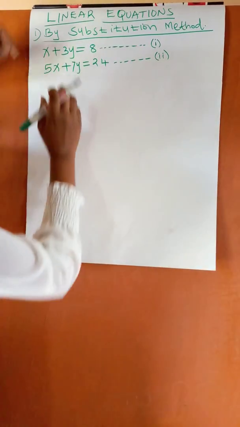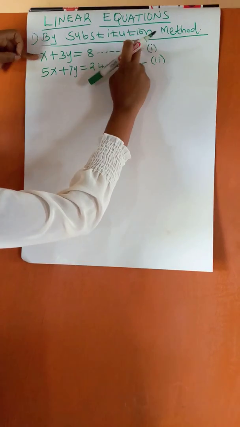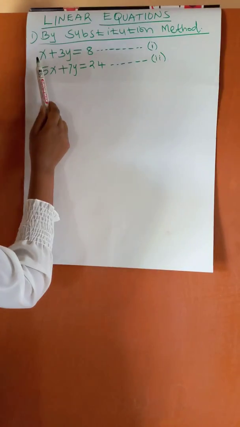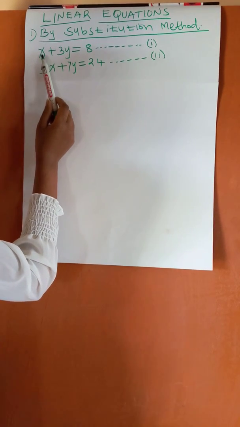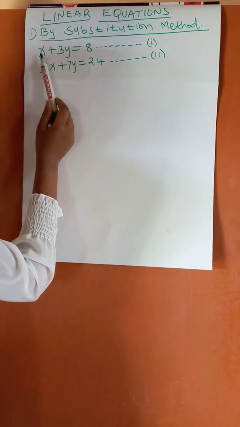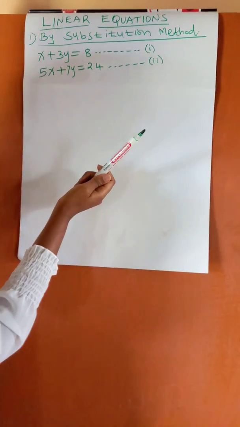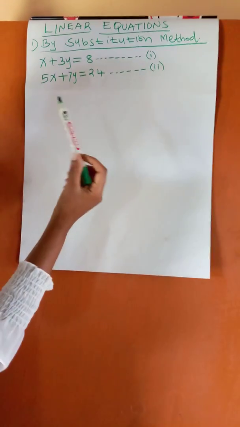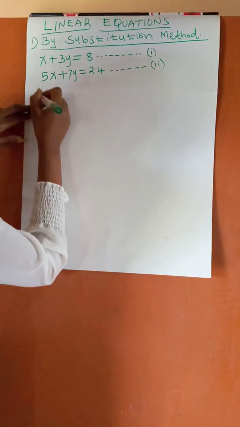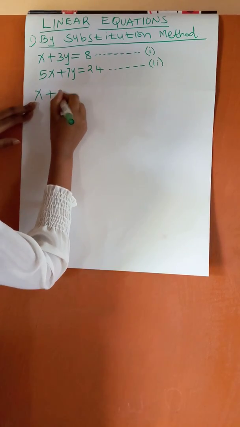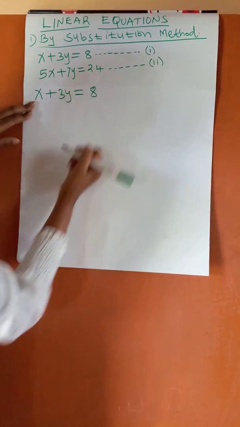2. When we talk about the substitution method, this is whereby you rewrite or you find the value of the first variable, which is x, in respect to the other variable and the number that is in the equation. So we can start with the first equation, that is x plus 3y is equal to 8.